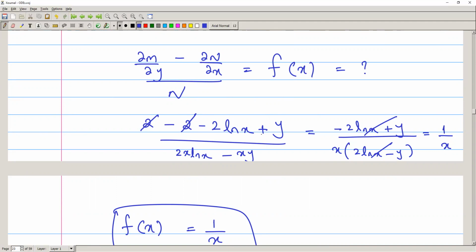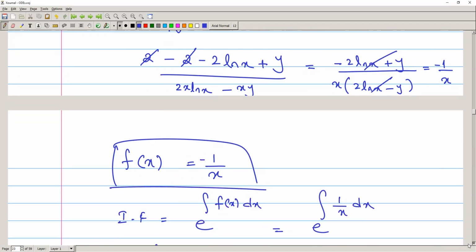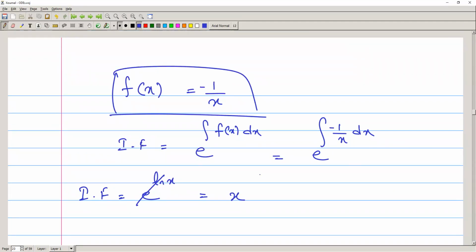It should be negative. This is 2 ln x, and yes, there should be negative 1 over x, because this is negative 2 ln x plus y and this is 2 ln x minus y. To make it compatible with the denominator I should take negative 1 common outside, then it will be negative 1 over x, and here also it's negative 1 over x, so it will be x to the power negative 1... sorry, not actually like this.